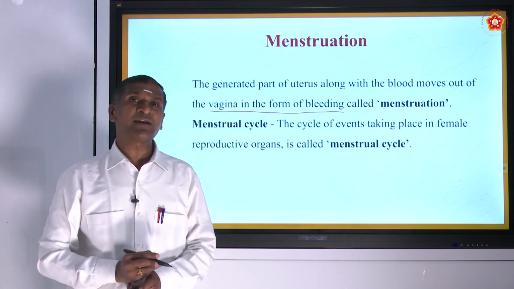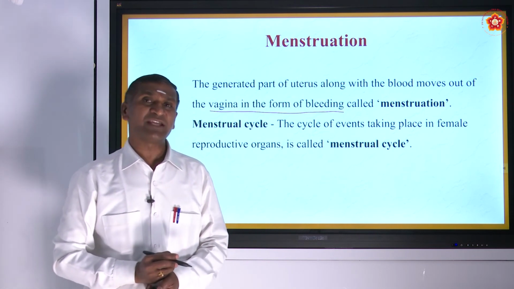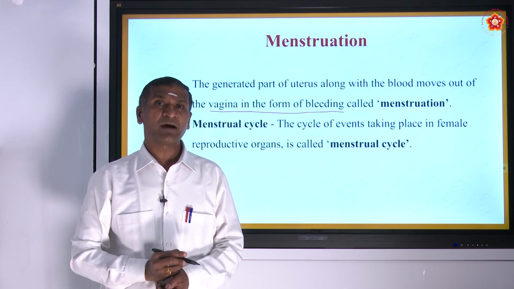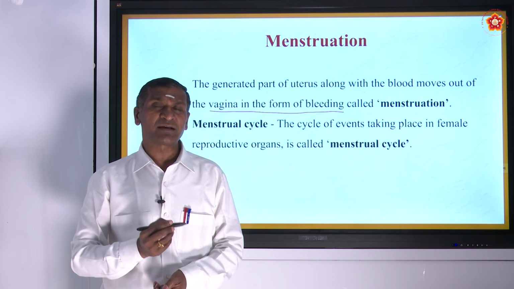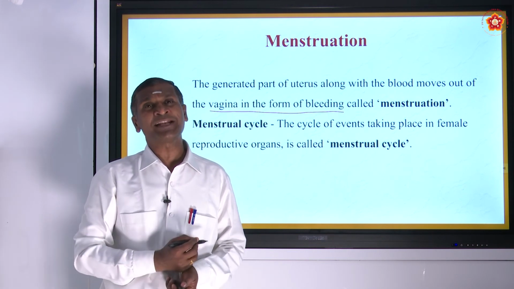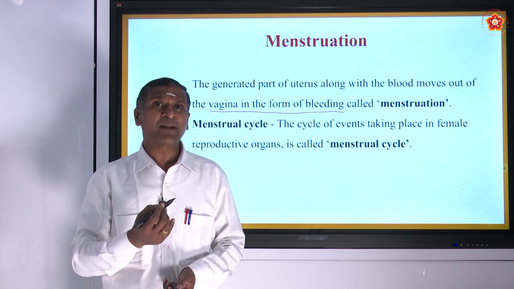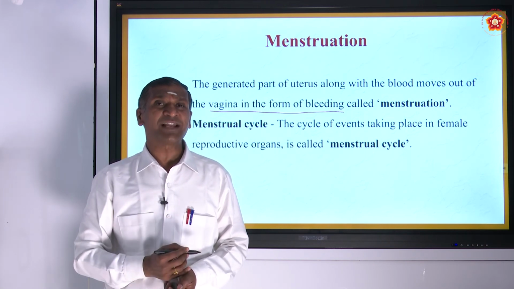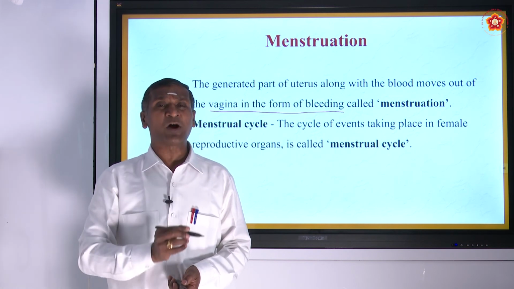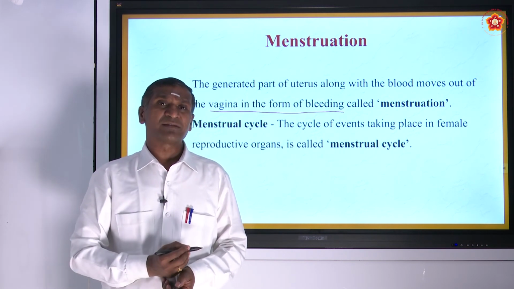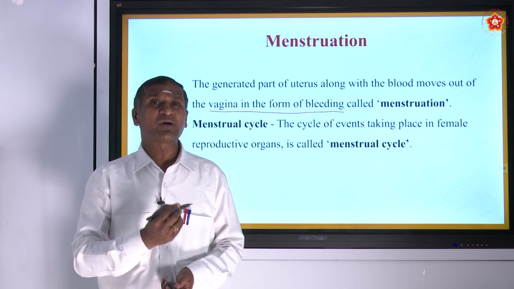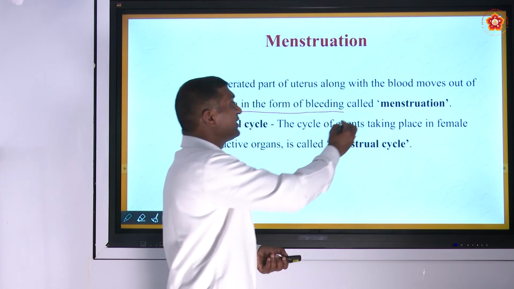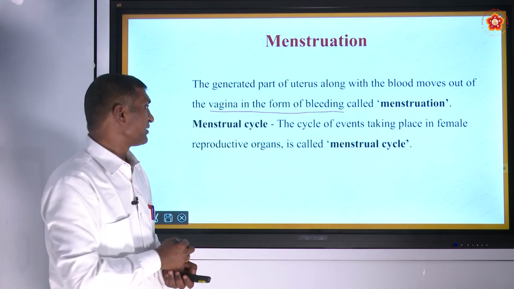The puberty of girls is identified when the eggs in the girls are produced more in number, but if they are unfertilized, then they are removed from the body along with some amount of blood, which we call bleeding. It is that stage which we call menstruation.